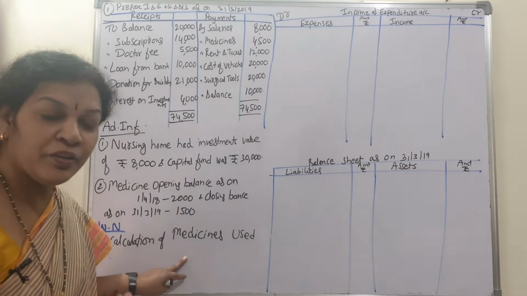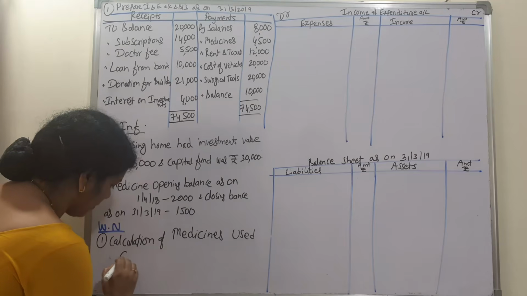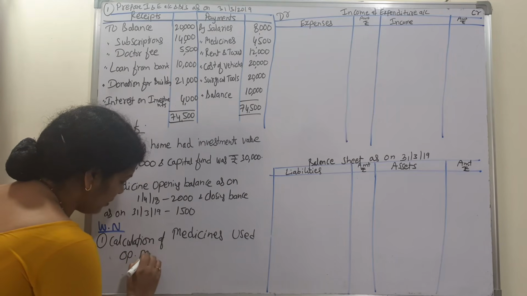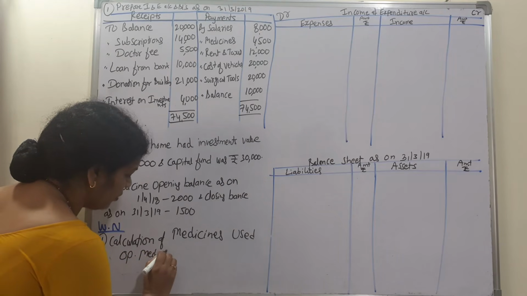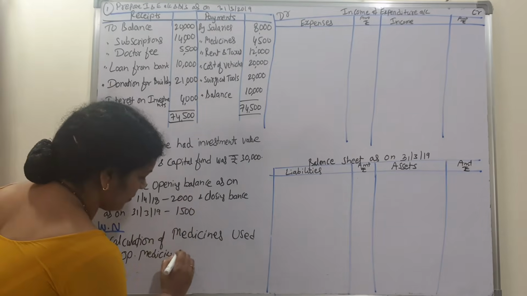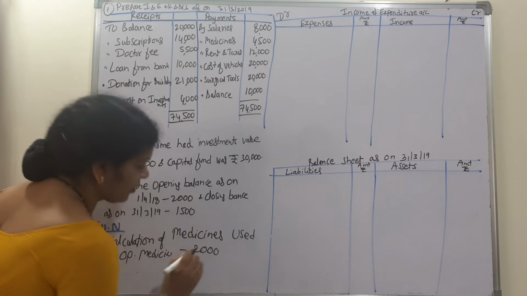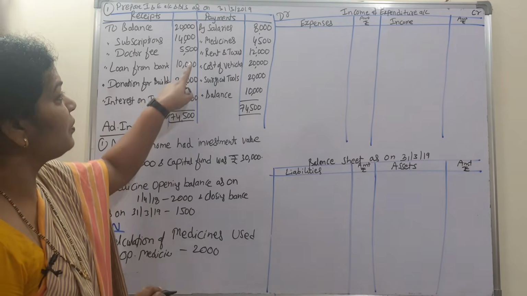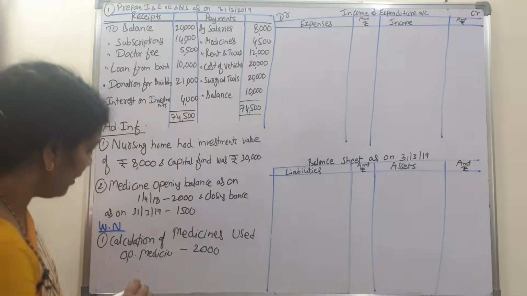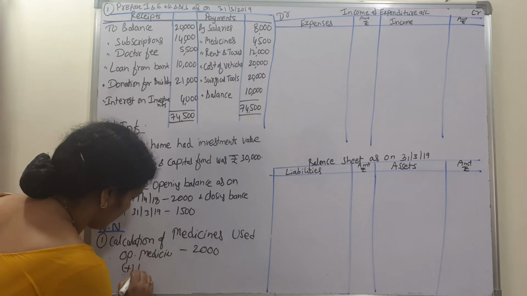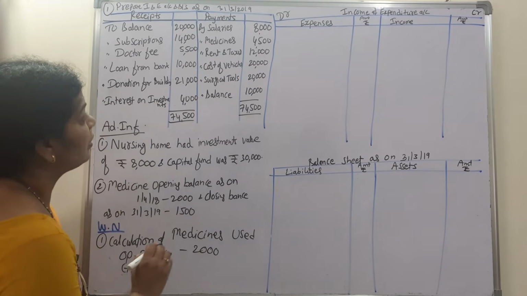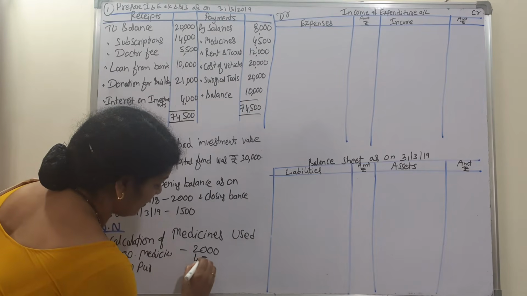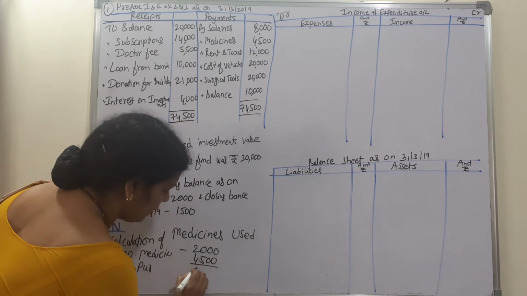How do we calculate? First we take opening medicines. The opening value is 2000. Then we add medicines purchased, 4500. The total is 6500.